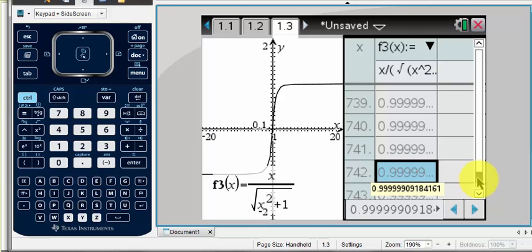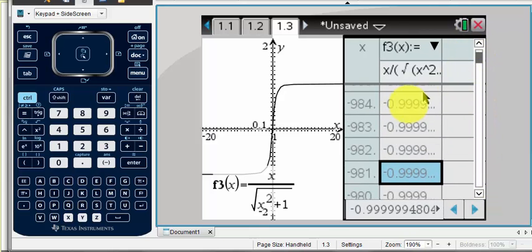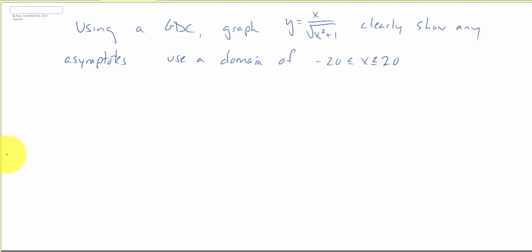That's a big long decimal. It's getting close, close, close to 1. Same thing the other direction. There's a big long decimal that's getting close to -1. So we have two horizontal asymptotes, y equals 1 and y equals -1.